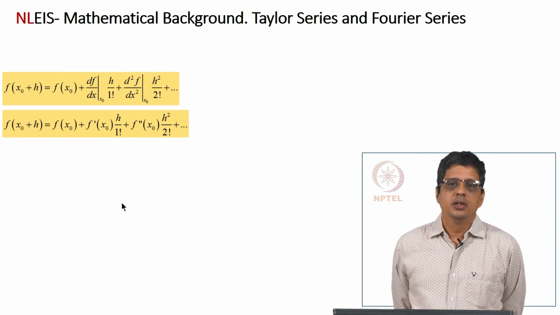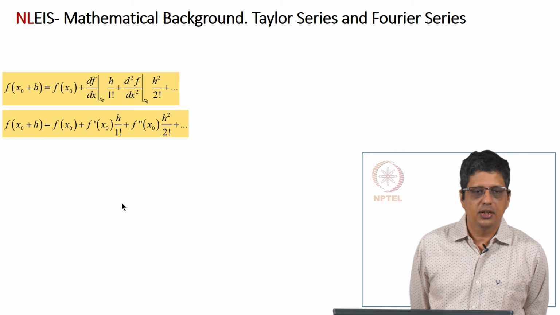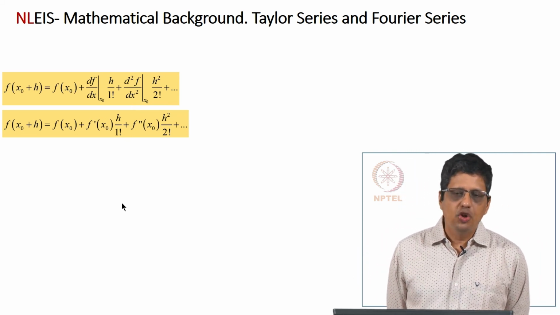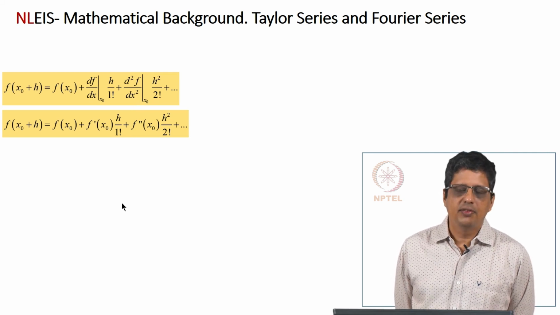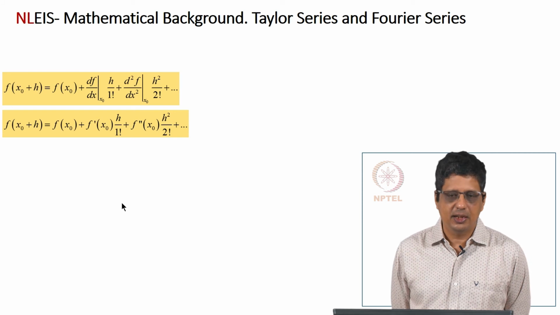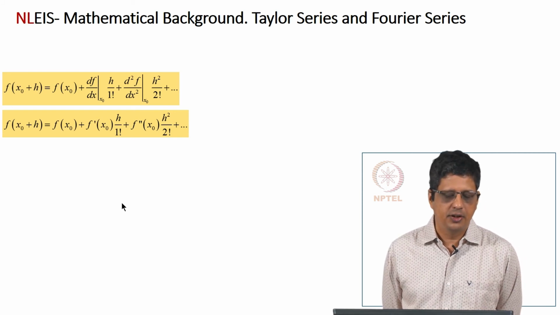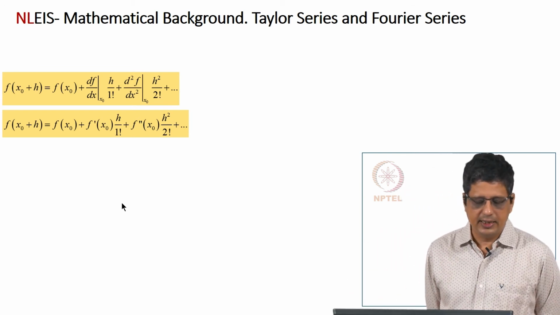Okay. This is one. Next, there is a series called the Taylor series. If you are given a function f of x, we know the value of the function at a point x0, and we want to find the value of the function near that point. So, we move a small distance h away from x0, and we can write this function in the Taylor series.